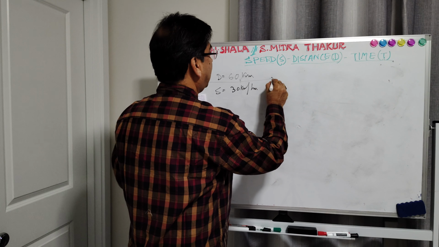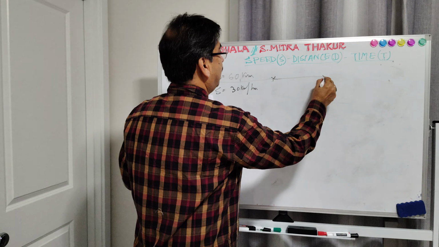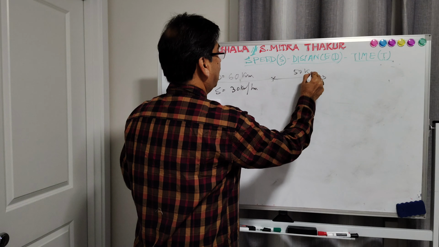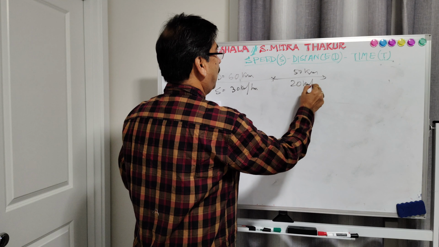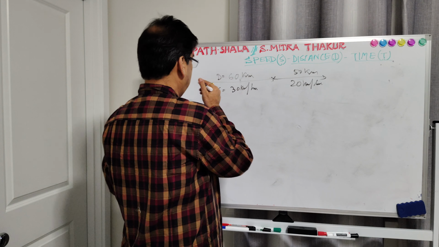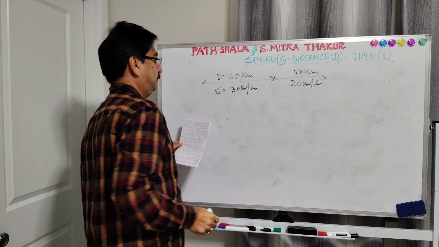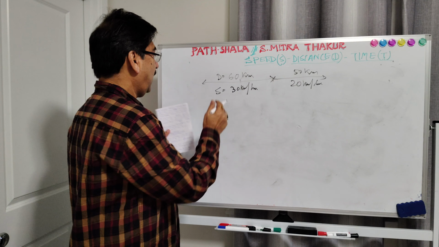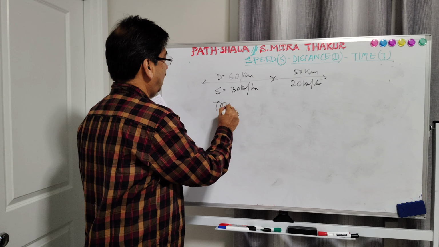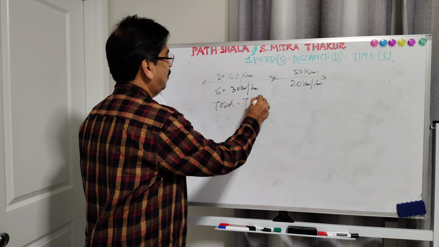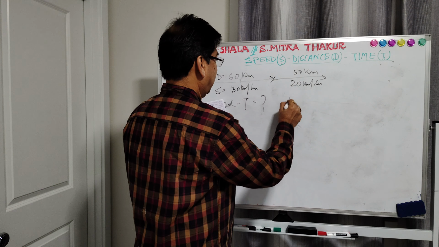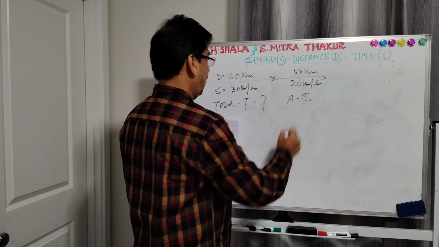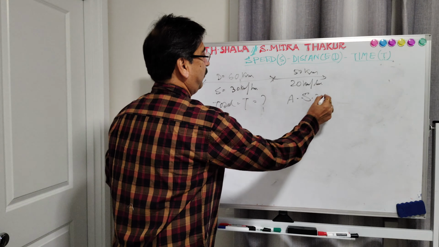And the remaining 50 kilometer, he runs at 20 kilometer per hour. Okay. Calculate the total time and the average speed of the whole journey.